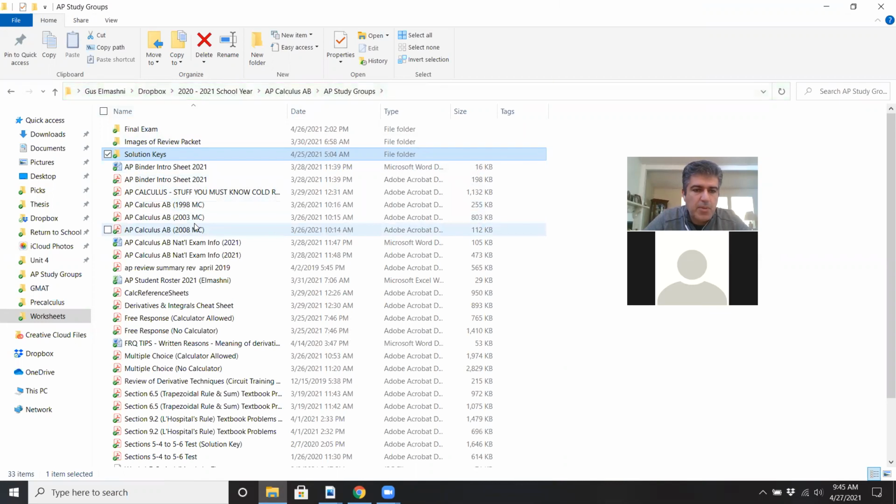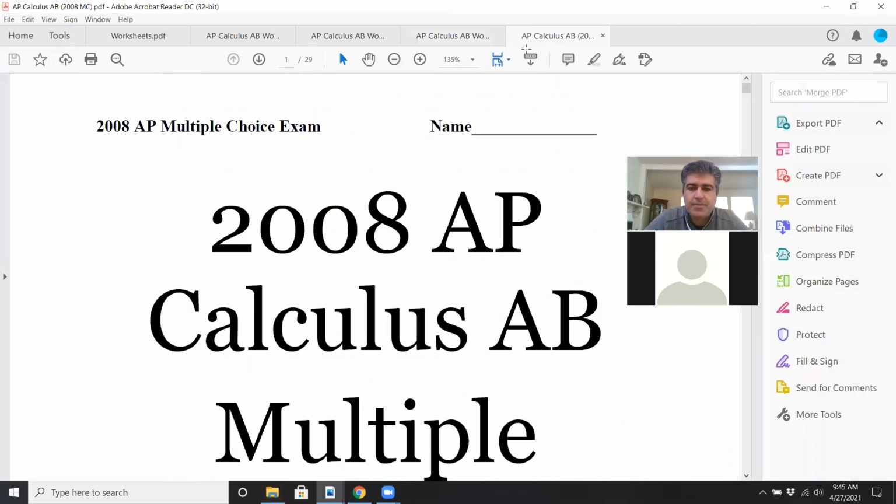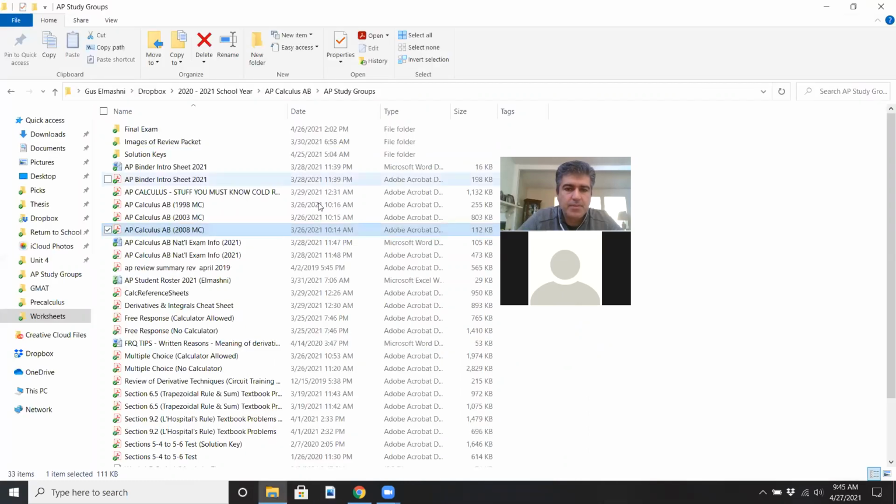So if you look at some a little more recent, like maybe the 2008 multiple choice, well, not that recent, but a little more recent than the other ones. Multiple choice, non-calc.